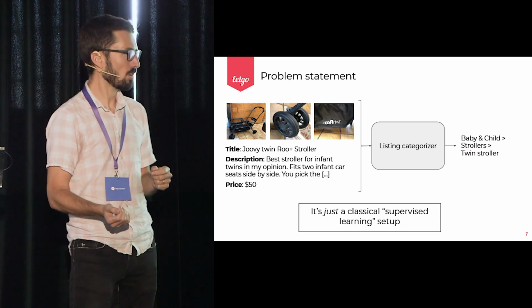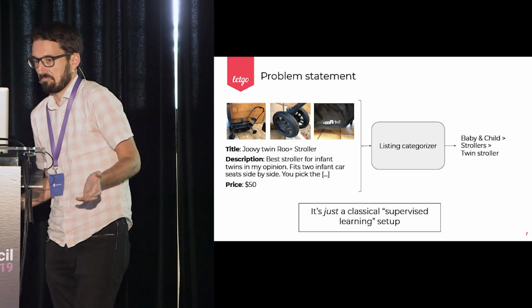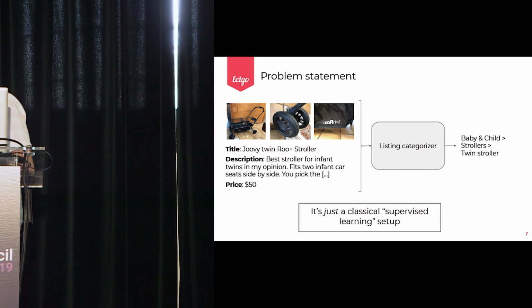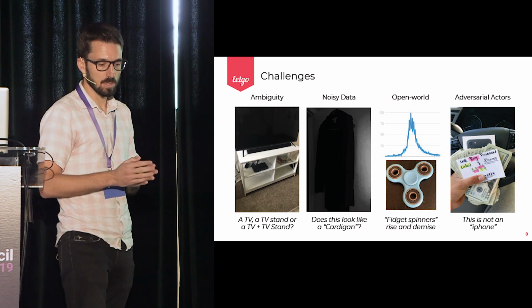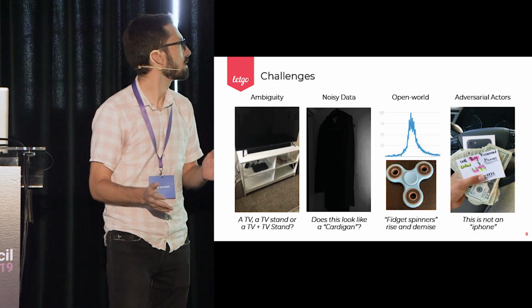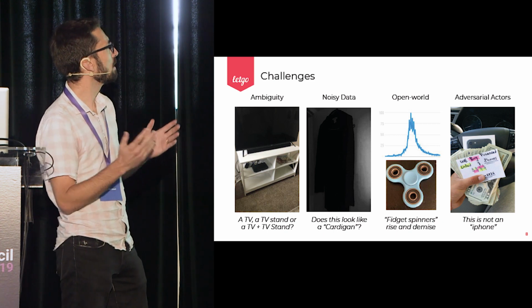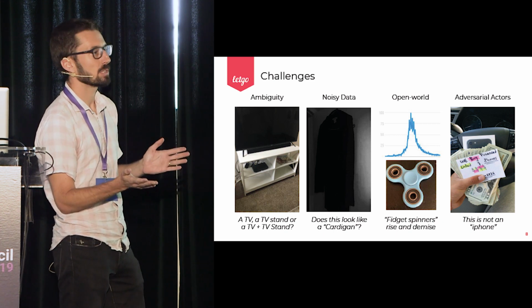Okay? So many of you in the audience may be thinking, this is just classical supervised learning setup. Okay, easy. Why am I talking about this? Well, it turns out that it's not a simple problem at all. In fact, there are many challenges. The first one, and this is not by order of importance, but by order of my thinking, is the challenge of ambiguity, right?